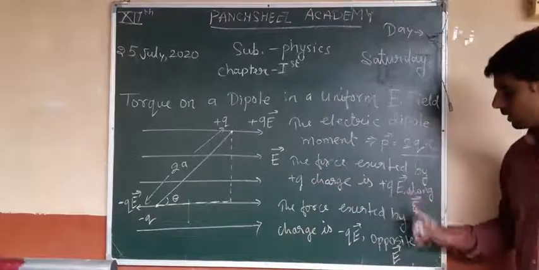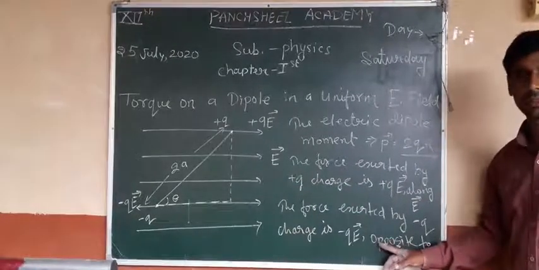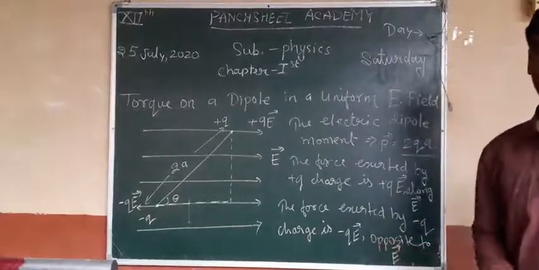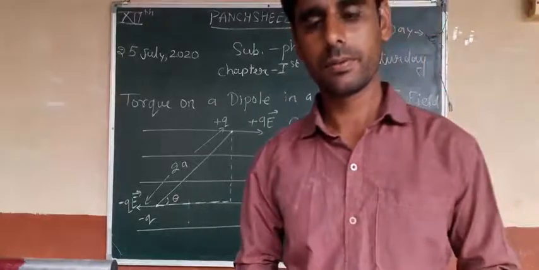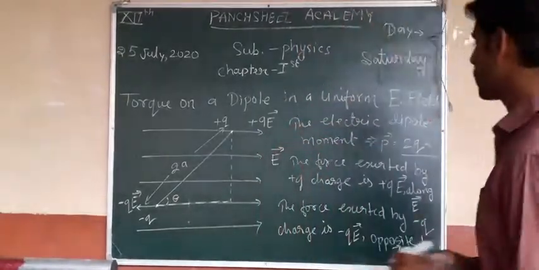This is the plus qE and this is the minus qE. So what is the value of the resultant or total force?